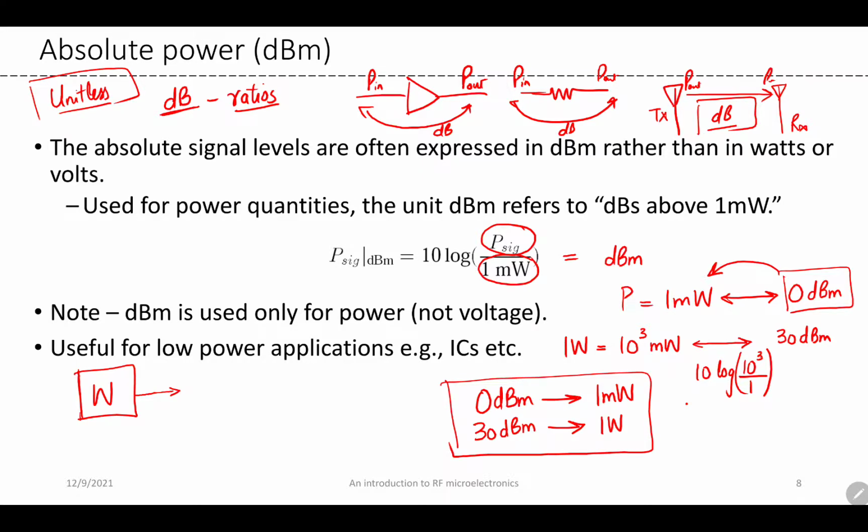Now why do we want this dBm unit? Because it's easier to work with numbers. For example, if I want to deal with an amplifier in a certain RF chain, instead of saying I give it 0.5 watts and it gives me, say, 0.9 watts at the output, as I mentioned, we always talk about ratios in dBs, right?